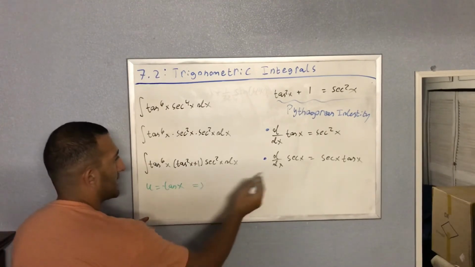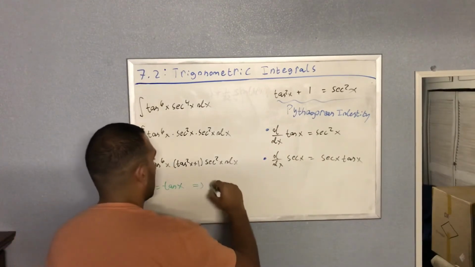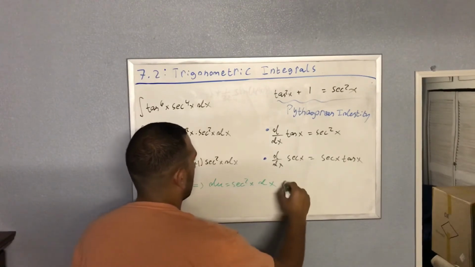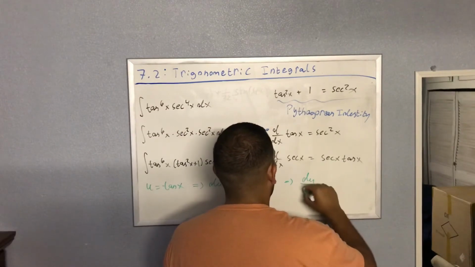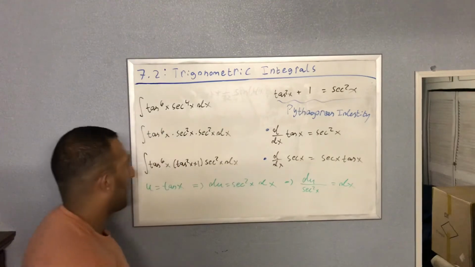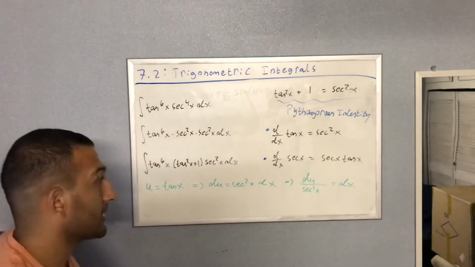And because of our friend here, this means that du is going to be secant squared dx. And this means that du over secant squared x is dx. And that's why we left a secant squared.